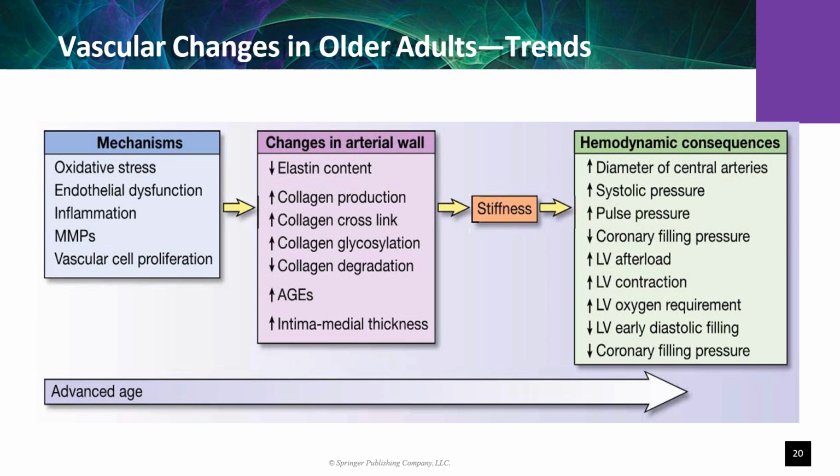This is an image that shows the molecular mechanisms that increase arterial stiffness with aging and hemodynamic consequences. MMPs are the matrix metalloproteinases, and AGEs are advanced glycation end products.